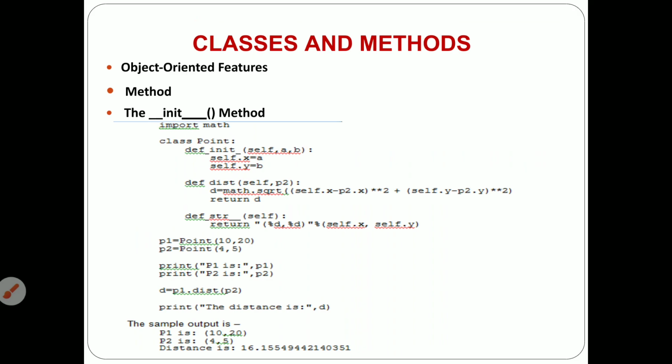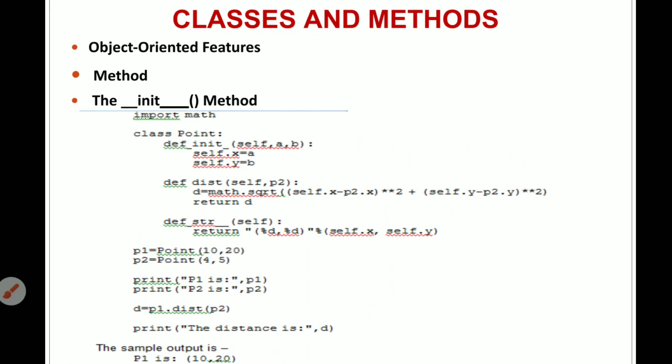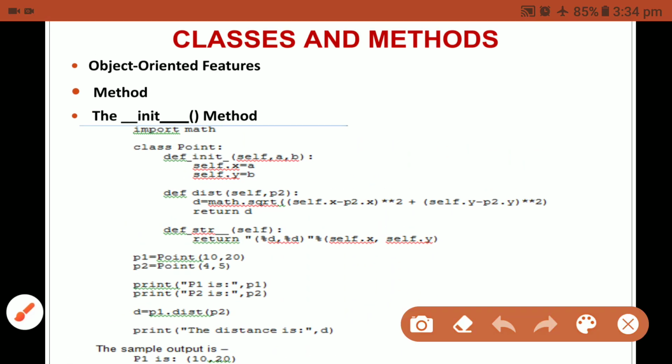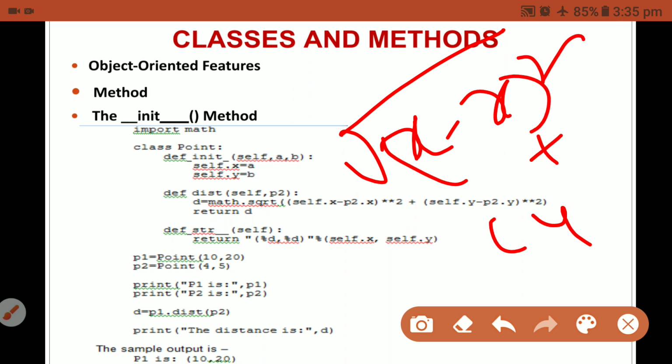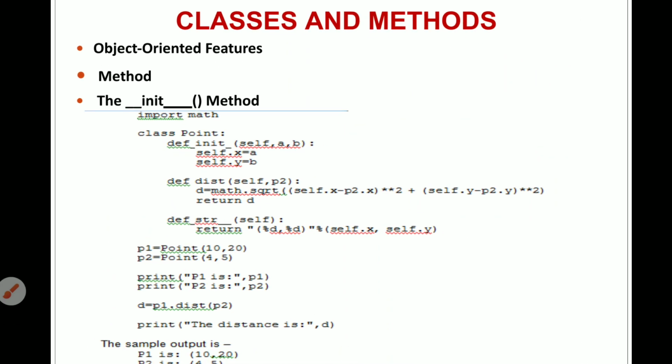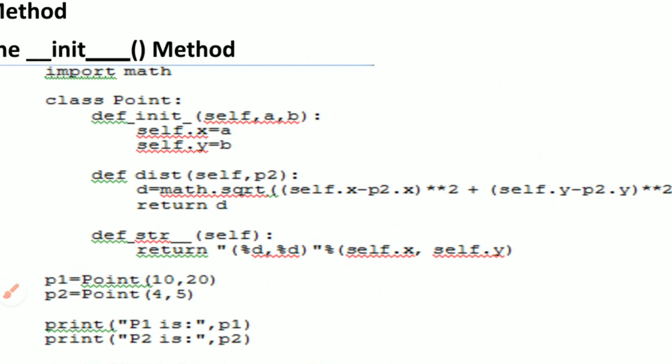Next, I am using the Euclidean distance formula, the square root of (x minus x) squared plus (y minus y) squared, to calculate the distance. The method is distance(self, p2); later I will explain how I am using p2.